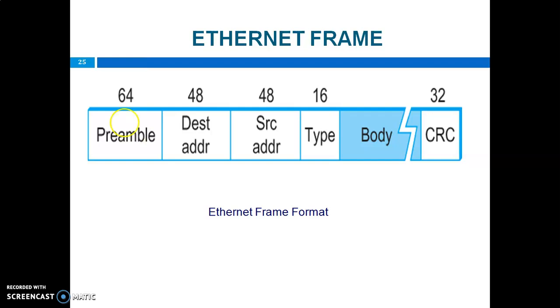It consists of the preamble, allocated 64 bits, the destination address and source address using 48 bits each, 16 bits for the type, and the remaining up to 1500 bytes for data, and finally 32 bits allocated for CRC. So this is how the Ethernet frame is represented.